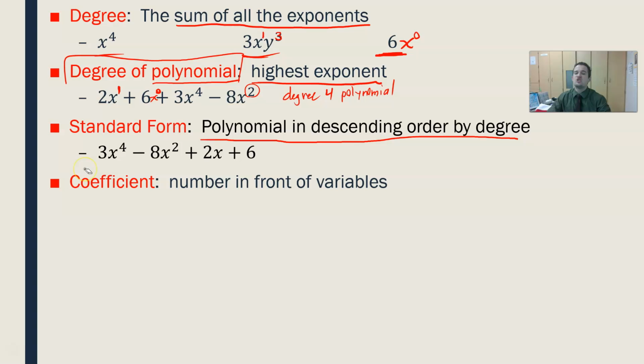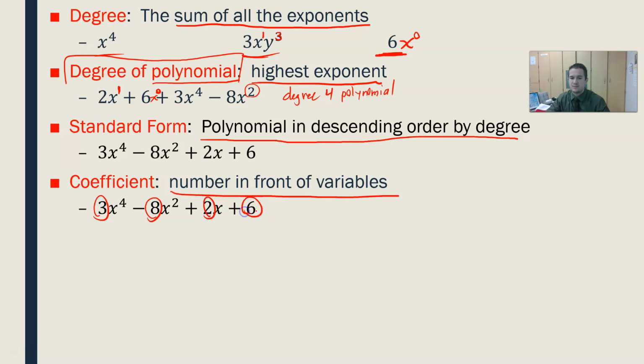A coefficient in a polynomial is the number in front of the variables. In these cases, the numbers hanging out up here, these powers, we call those exponents. These numbers in front of the variables, or the numbers by themselves here, those are called coefficients.